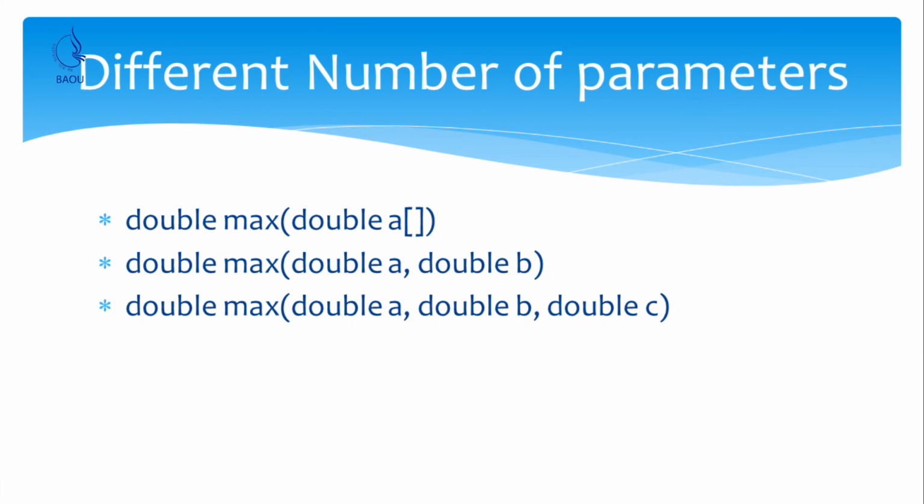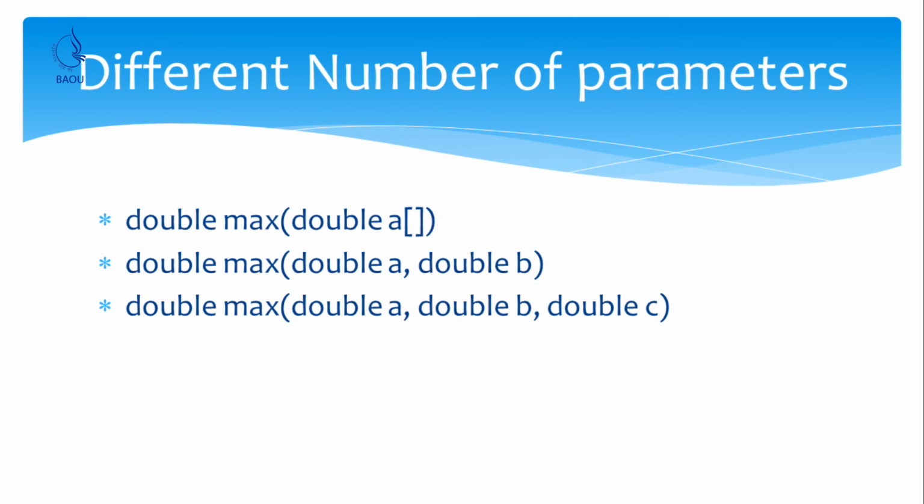Now, we take an example of each. The first case is where the method has a different number of parameters. Here on screen you can see we have three methods. The first is a max method with a double array as a parameter. It finds the maximum of the array elements provided as a parameter, so it takes only one argument.